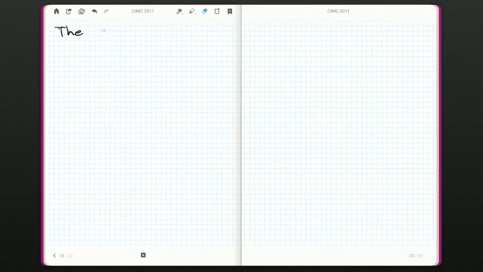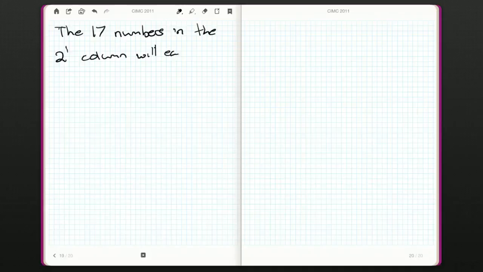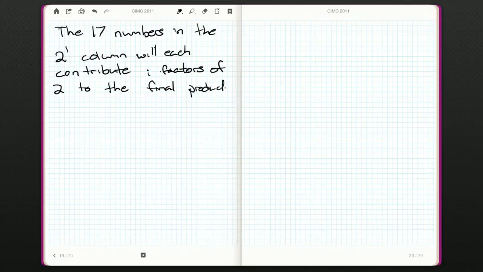So the numbers in any generic column, there will be 17 numbers in every column. In the 2 to the I column, each one will have 2 to the I as part of its prime factorization.